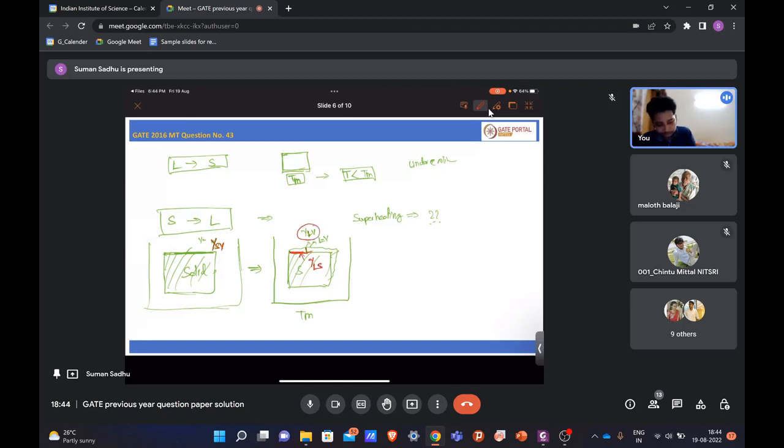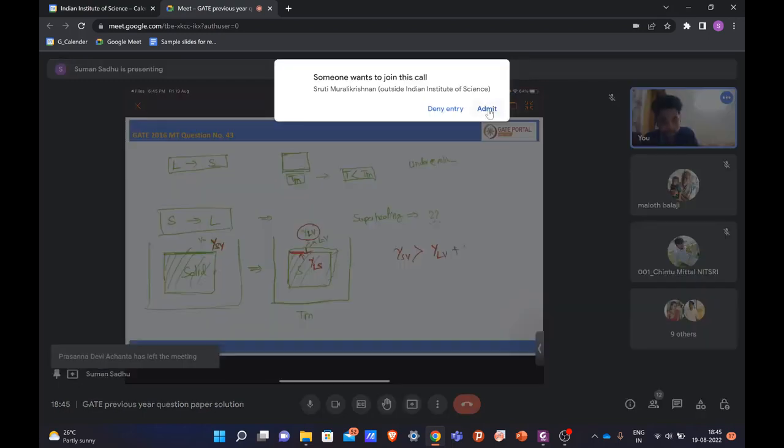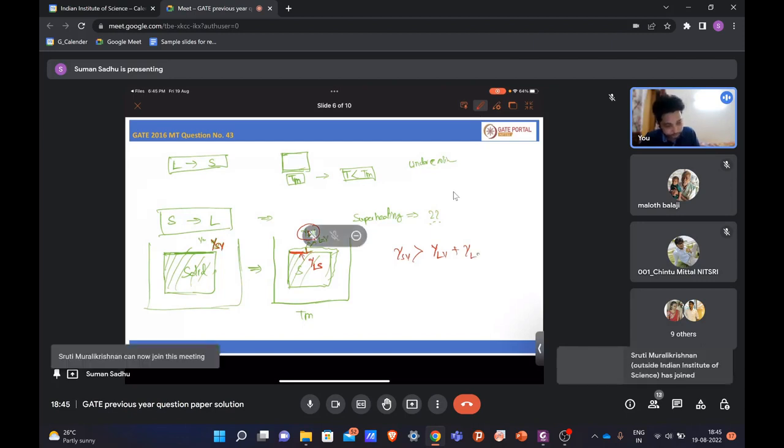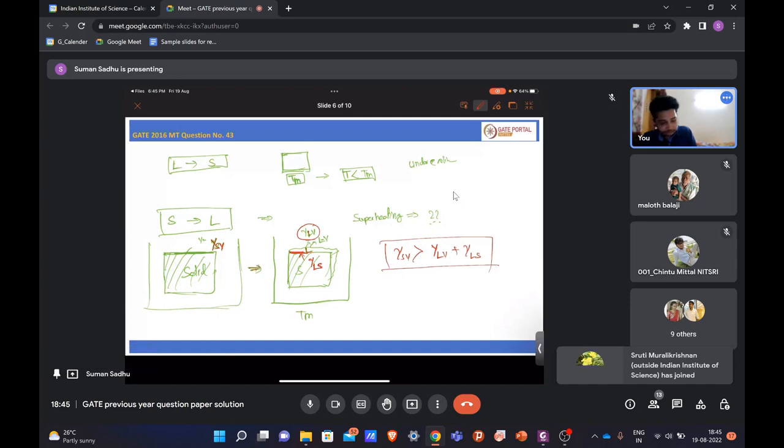But what happens is that gamma SV is greater than gamma LV plus gamma SL. That means when it is melting, that energy is decreasing. So it is favorable.